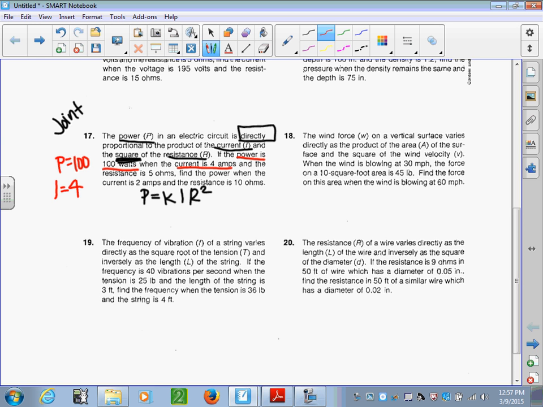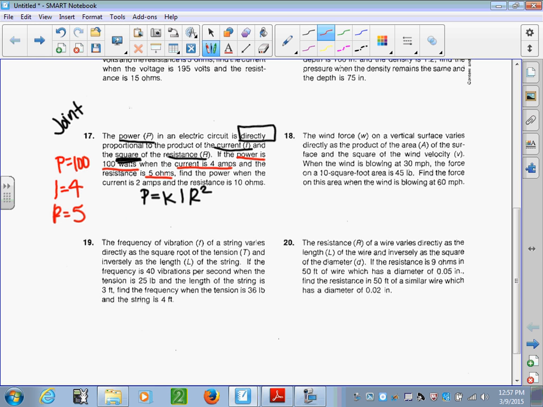And the resistance is 5 ohms, and remember resistance was R, and that equals 5. Okay, so first I need to plug in these three variables and find my constant of variation. So I'm going to stop there before I go on and find the power, and let's find what the constant of variation is.